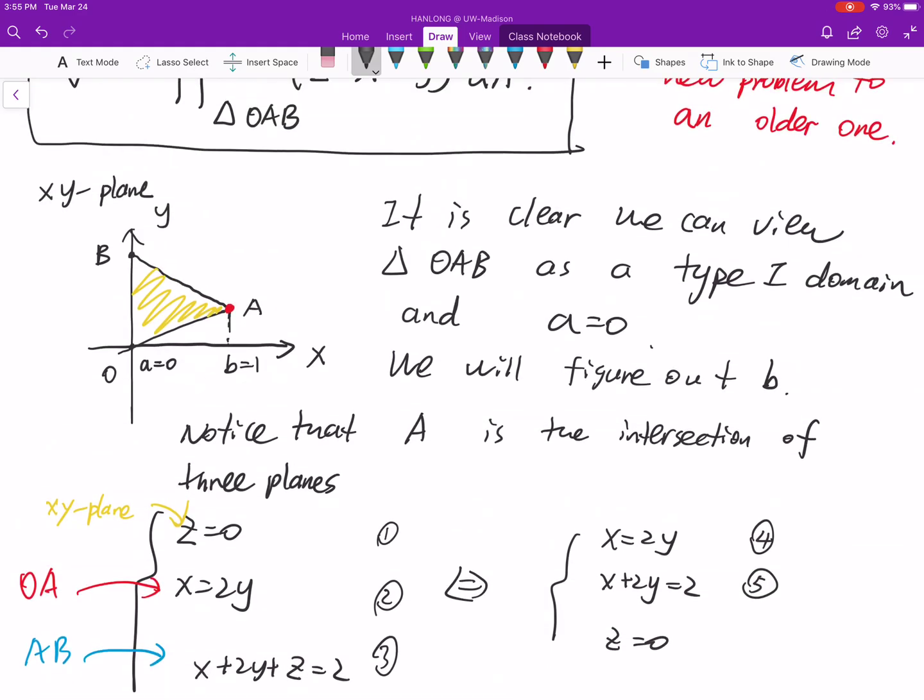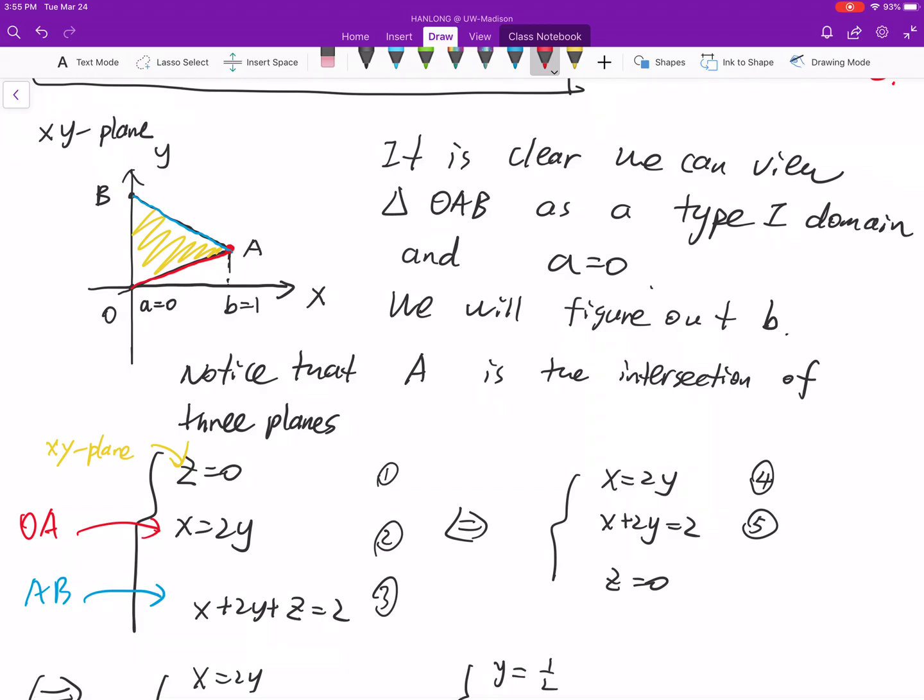Next, as before, we need to figure out the top. The top is this guy, and the bottom is this guy.